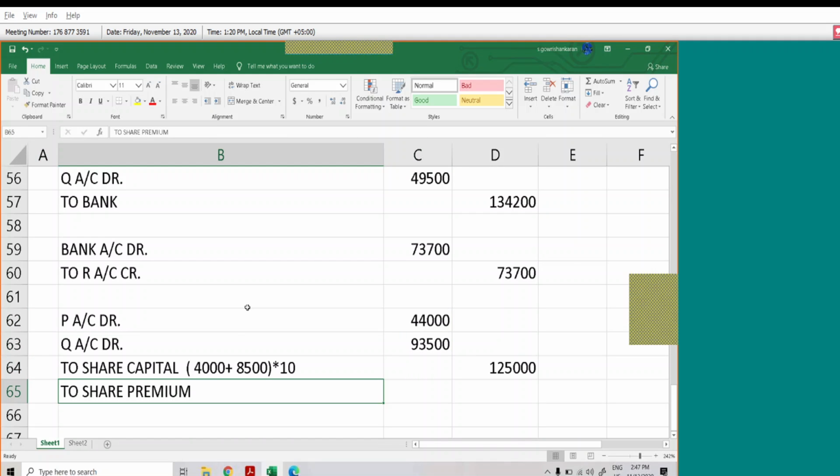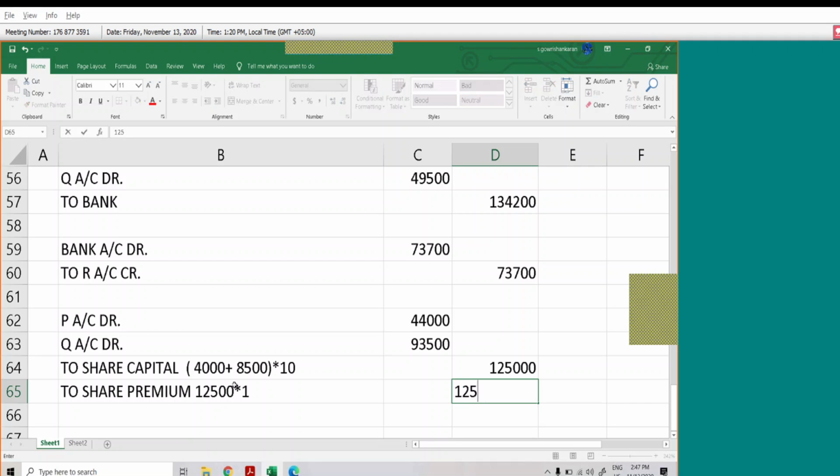Here 12,500 into 1 is 12,500. Total 1,37,500.